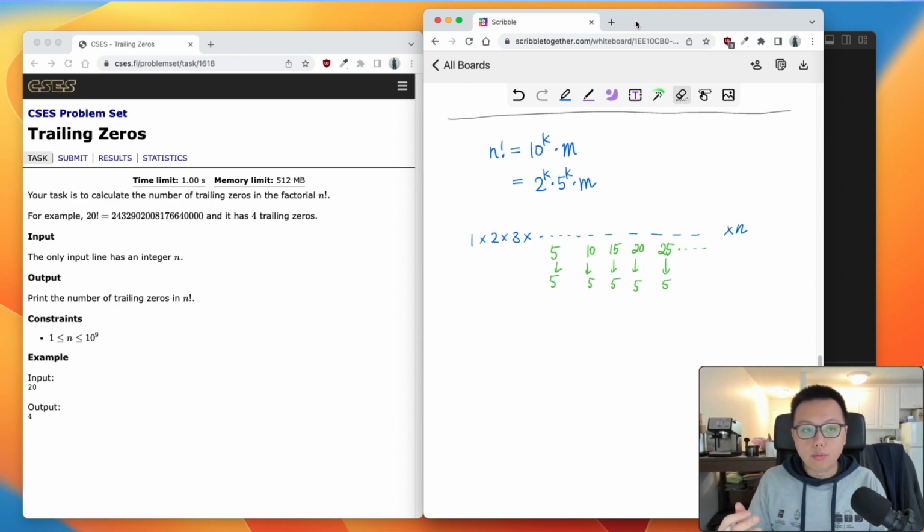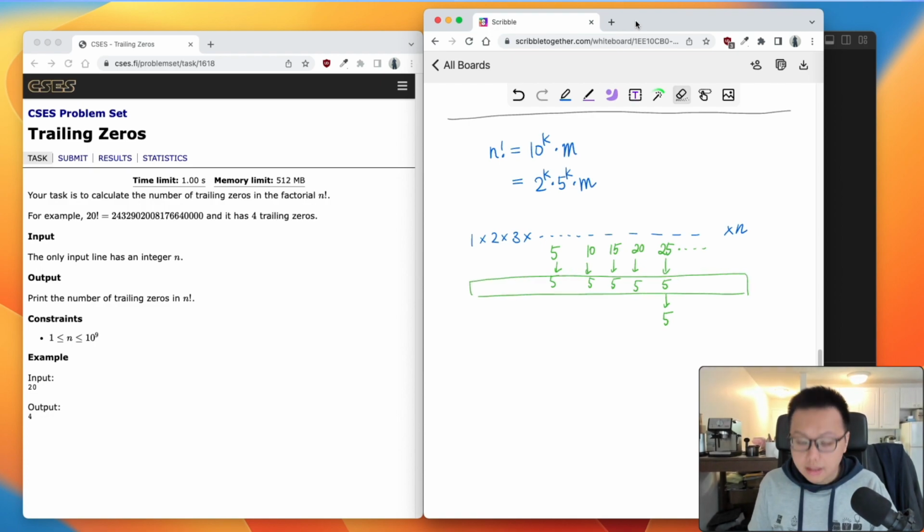We also observe that 25, for example, is 5 times 5, so we can actually have two 5s from there. So if we try to figure out how many 5s we can factor out from all the numbers up to n, this gives us n over 5 fives. Then for every 25th number, we will have an additional 5.